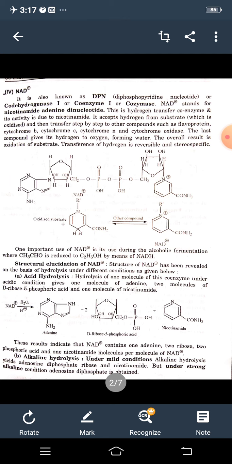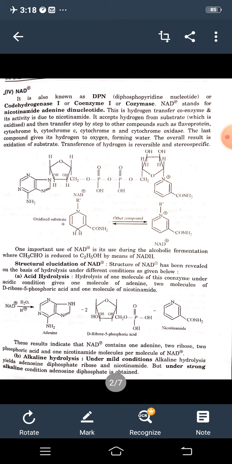It accepts hydrogen from the substrate which is oxidized and then transfers it step by step to other compounds such as flavoprotein, cytochrome B, cytochrome C, cytochrome A and cytochrome oxidase. The last compound gives its hydrogen to oxygen forming water. The overall result is oxidation of the substrate.